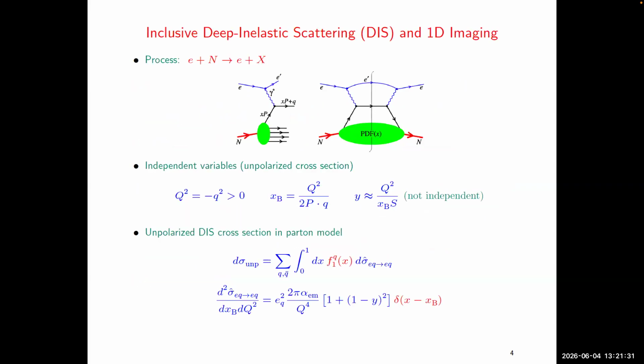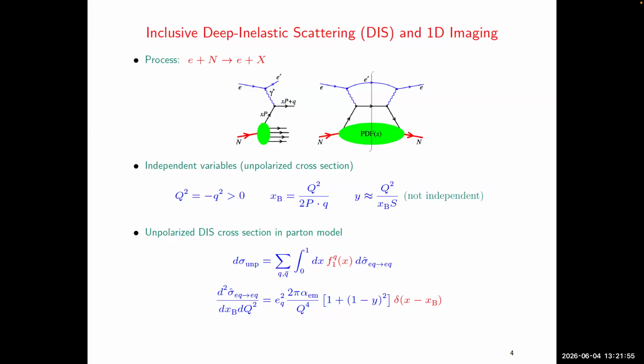All right, so let me start with something that you were familiar with before coming here. You heard much more about this in previous lectures, but to set up the notation, I want to start with inclusive deep inelastic scattering, DIS, and the 1D imaging, so electron scattering off a nucleon. The interaction takes place through the exchange of a virtual photon.